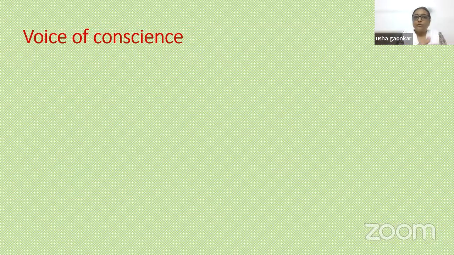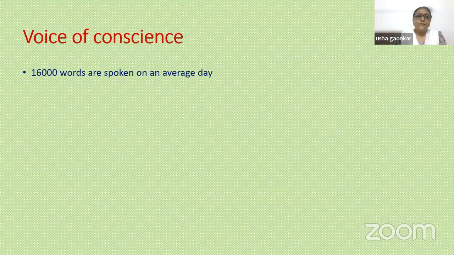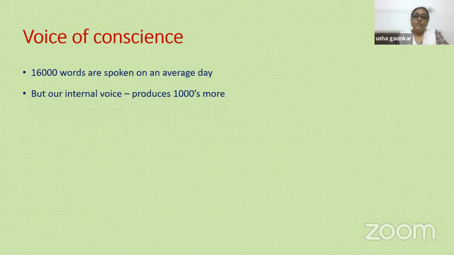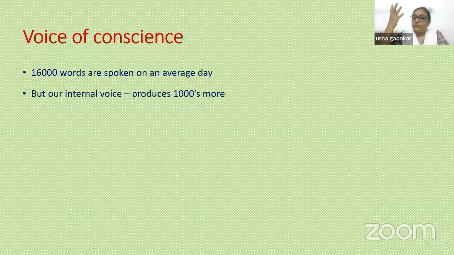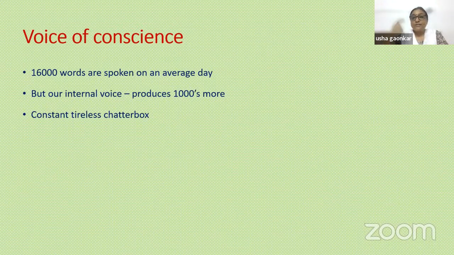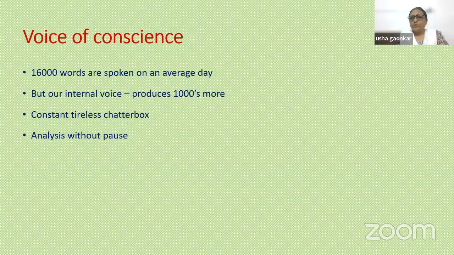All right, so before that, just a small voice of conscience: there are 16,000 words which are spoken on an average day. This is just statistics. The internal voice produces thousands more. Now 16,000 words are spoken, but internally it could be 160,000 words, and this internal thing is known as the internal chatterbox, what we call self talk, and it analyzes without any pause.